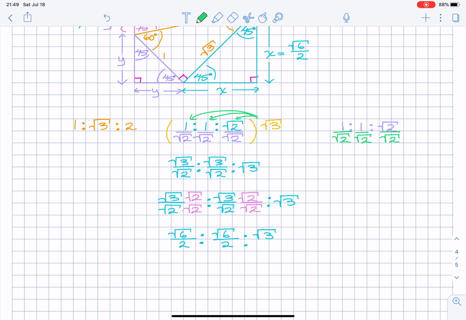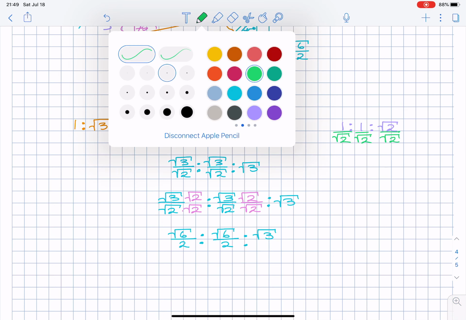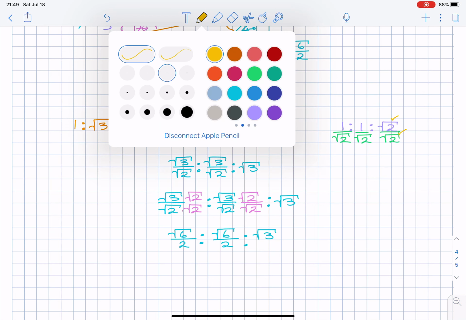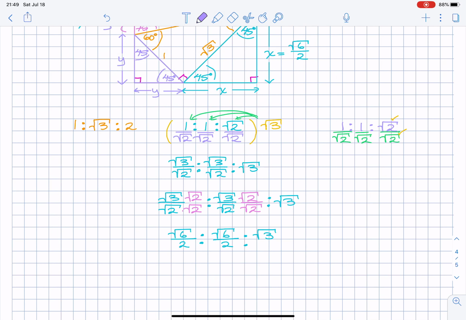And then I'll be done, because all I'll need to do then is rationalize. Because note, root 2 over root 2 reduces to 1. So what I'll have then is 1 over root 2 to 1 over root 2 to 1. And the hypotenuse is 1.